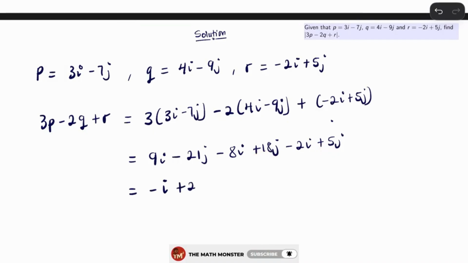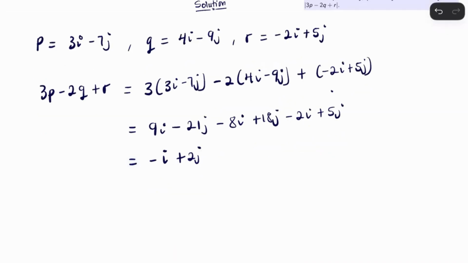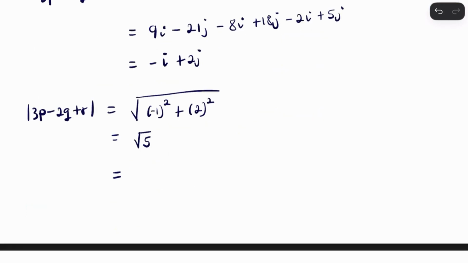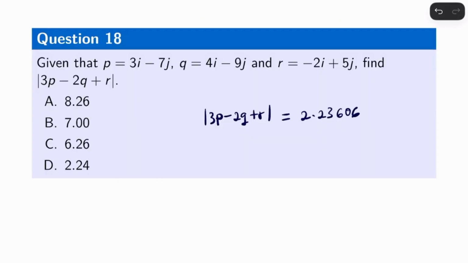So that will be 2j. Now let's compute the magnitude. So the magnitude of 3P minus 2Q plus R is equal to the square root of, so the i component is minus 1, so that will be minus 1 squared, plus the j component is 2, so that will be 2 squared. Then this is going to give us the square root of 5, which is equal to 2.23606. Thus, the correct option is option D.